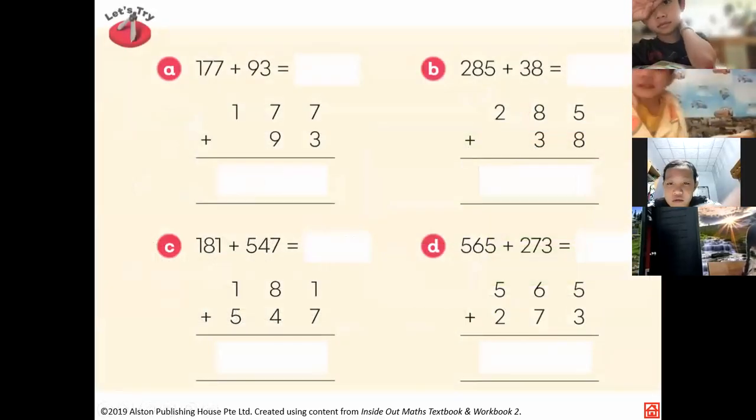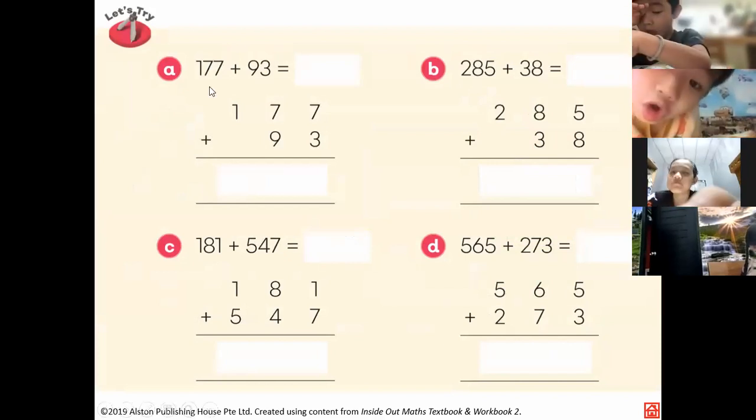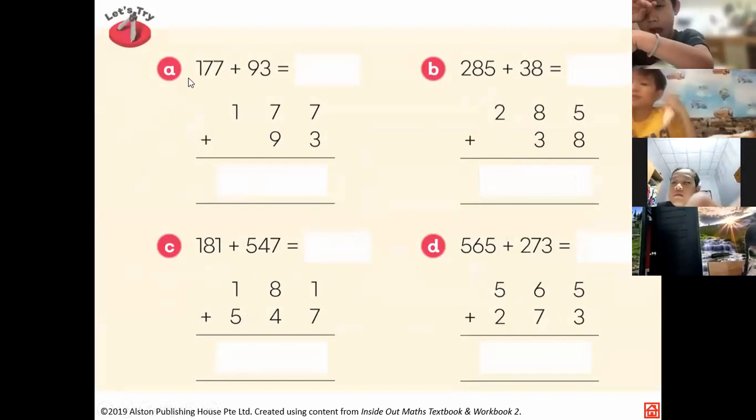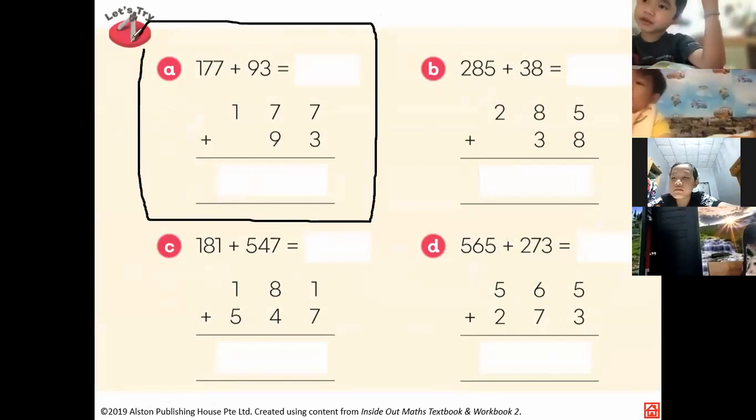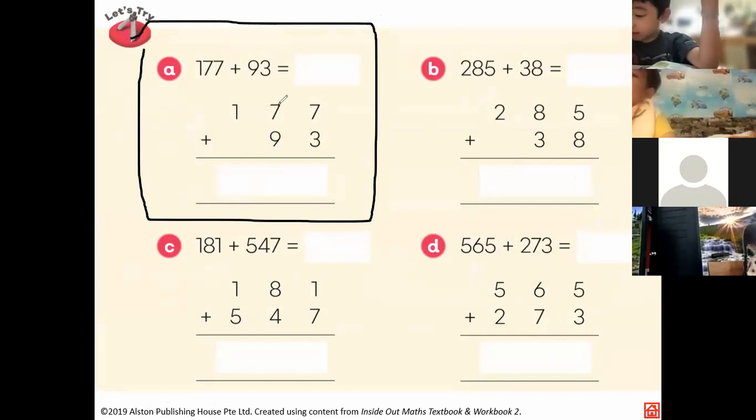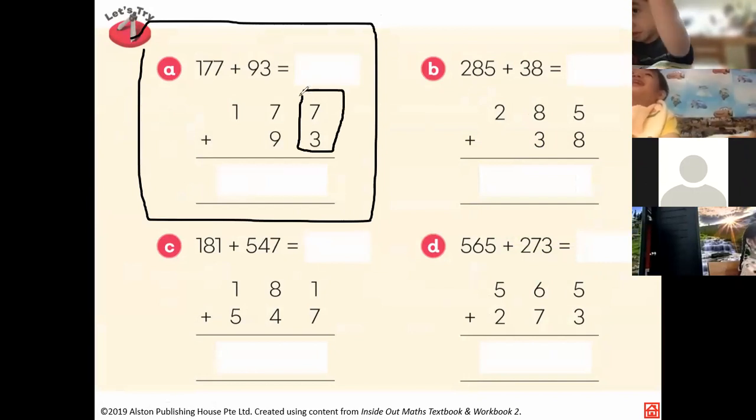Okay, now let's try to answer letters A, B, C, and D. So letter A, we have 177 plus 93.